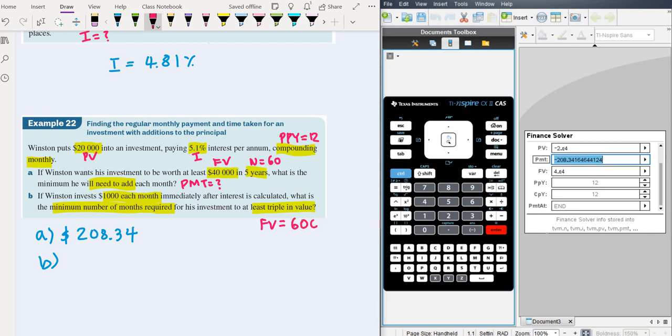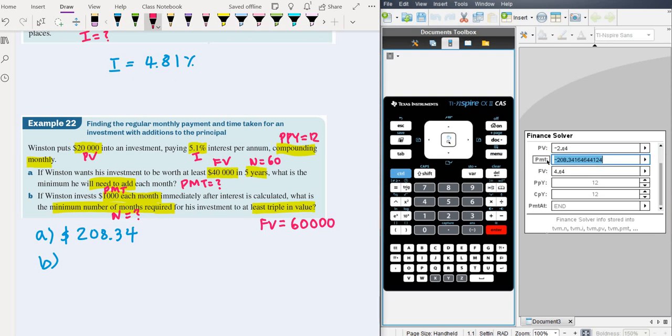So it's 60,000 is our new future value. Now we know payment now is $1,000 every month. What we don't know is how many months we need to do this for. So we don't know N, but we know everything else.